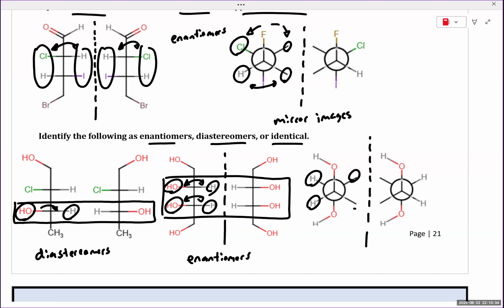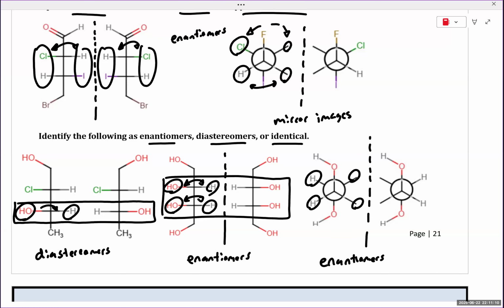As you can see, we have our substituents swapped at both of our carbon centers, so all of our carbon stereocenters. So this would represent a pair of enantiomers. So you now know how to determine whether a pair of compounds are enantiomers, diastereoisomers, or identical compounds under a range of different circumstances.